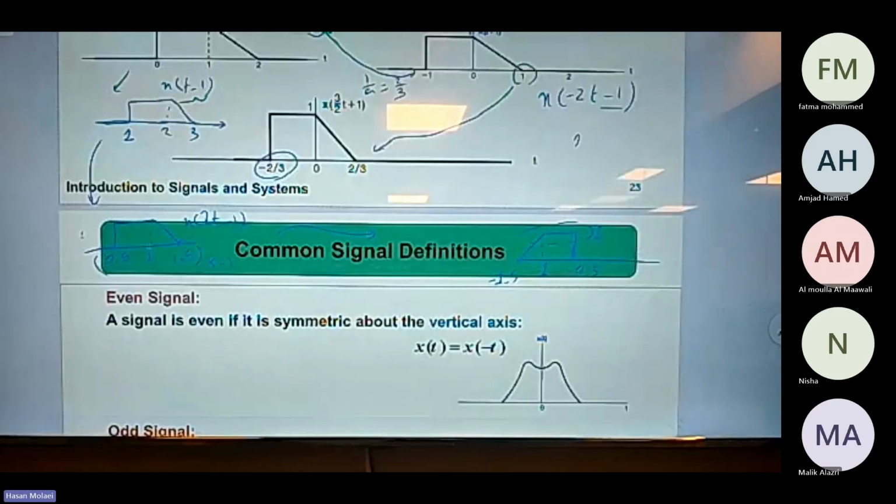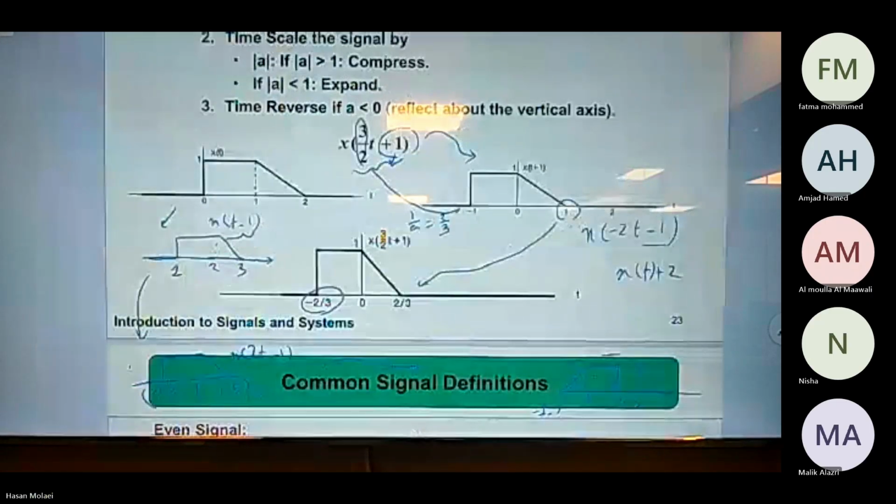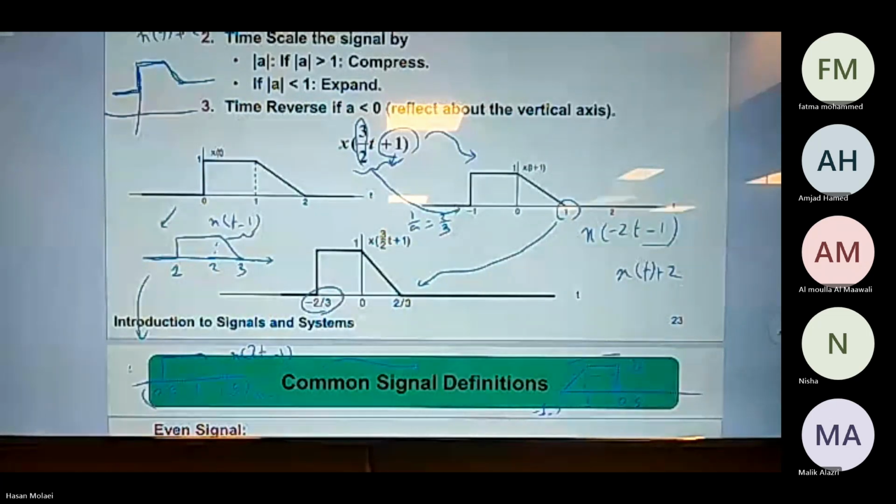If I have x(t) plus 2, which means now I'm working on the vertical axis, I should move this shape. We will add here.